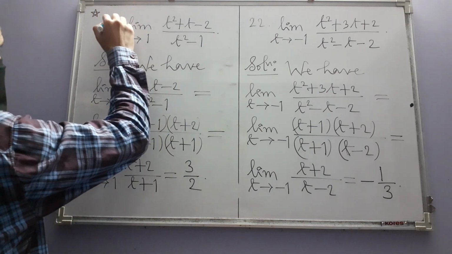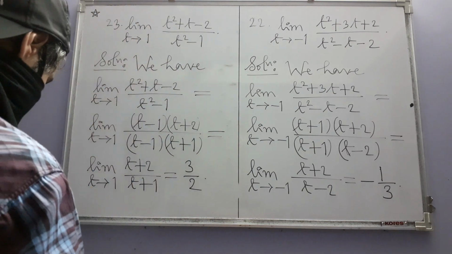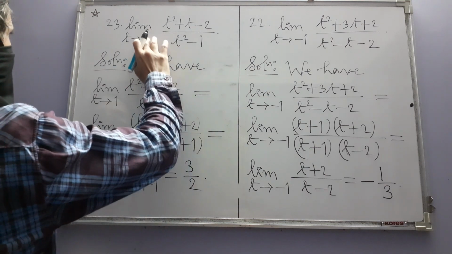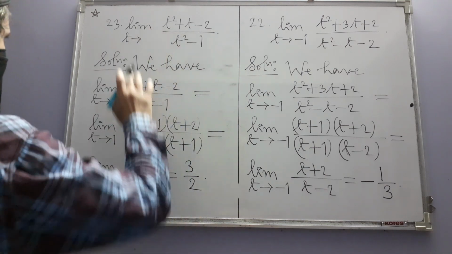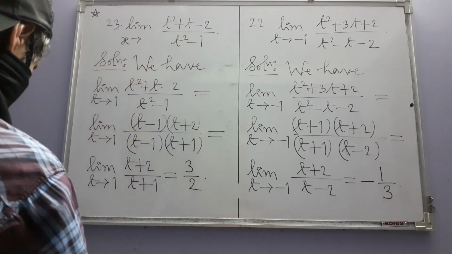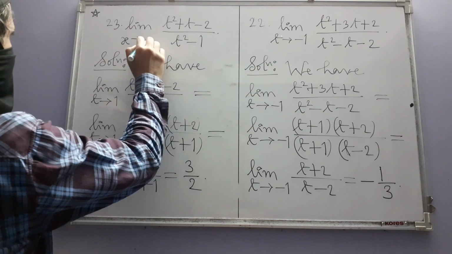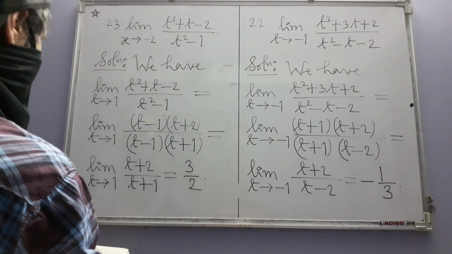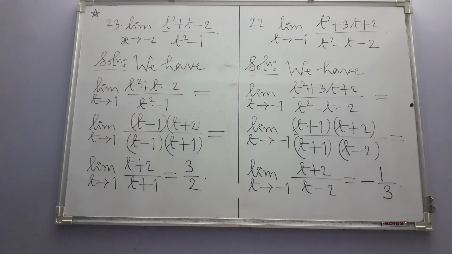Next, 23. Here, okay, we have gone back to x. X is approaching minus 2, and the numerator, okay.